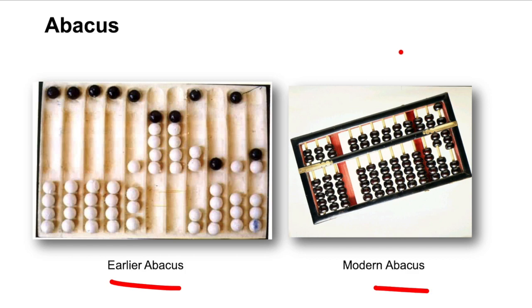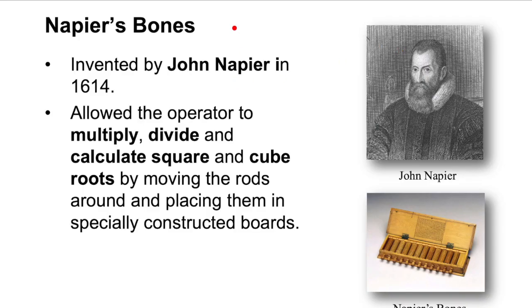Another one of these devices that has been used in history that relates to the history of computing is Napier's bones. It was invented by John Napier in almost the 16th century. They were like tables, and they could perform basic multiplication, division, and calculate squares and cubes using the pre-calculated constructed boards.